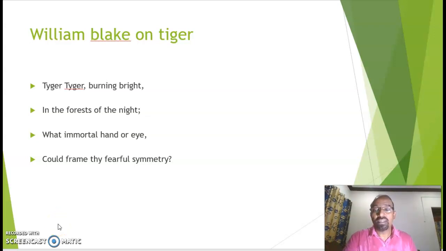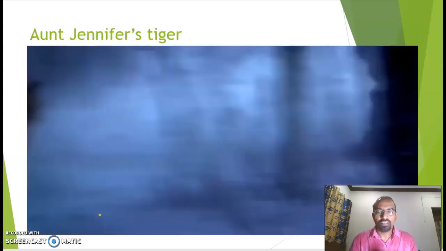He also wonders what immortal hand or what immortal vision could frame the fearful symmetry of the tiger. Symmetry here means proportion, the body of the tiger. That's something fearful. What a wonderful piece of poem. Now let us watch a tiger in the forest.